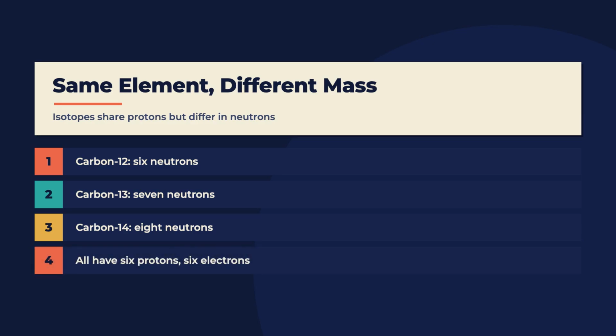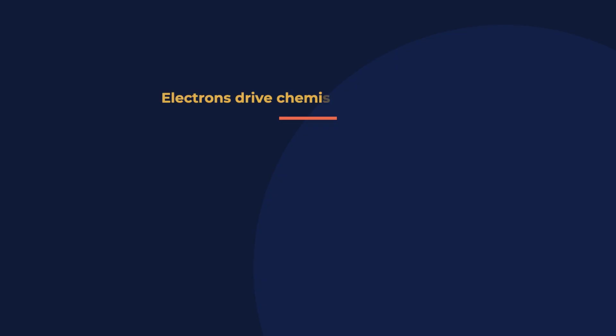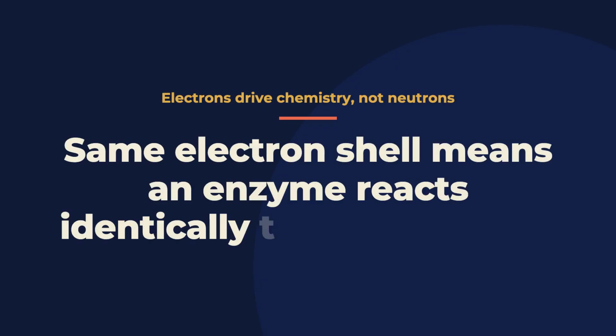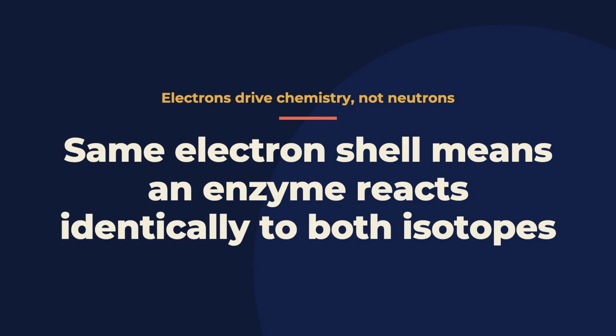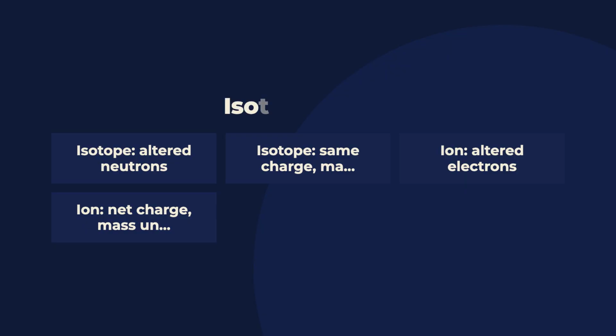Only the neutron count and therefore the mass changes. Chemical behavior depends on electrons, and isotopes have identical electron configurations because their proton counts match. That's why an enzyme or transport protein can't tell them apart, and why the thyroid concentrates radioactive iodine just as eagerly as the ordinary kind.